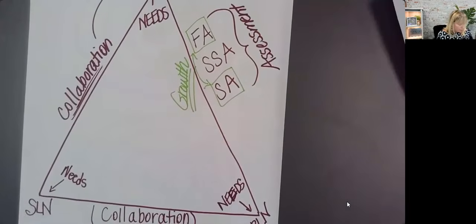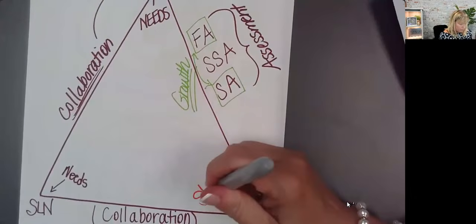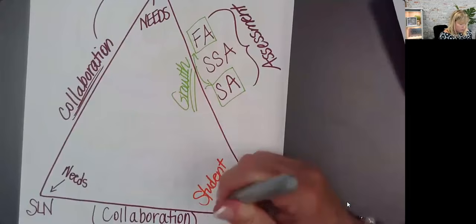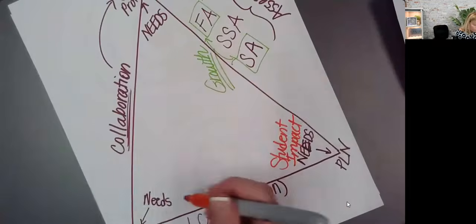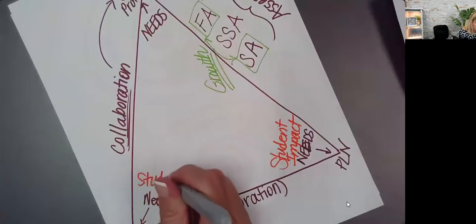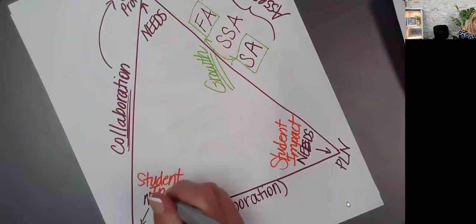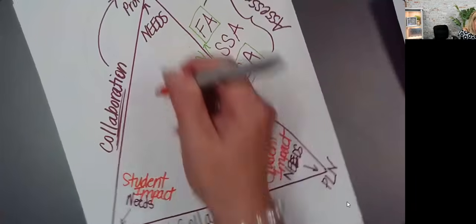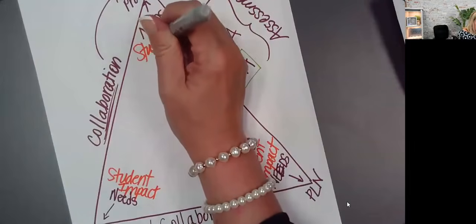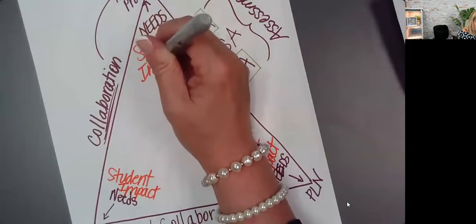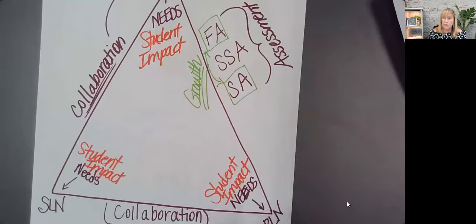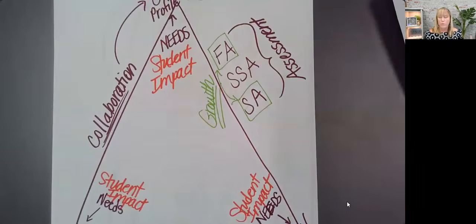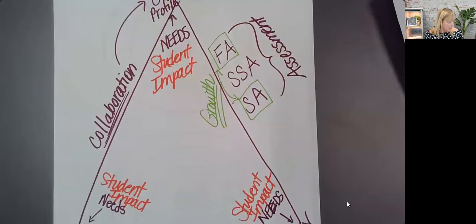Here's your triangle. Let's put in the ultimate goal here, student impact on all three sides of this triangle. Student impact and student impact here. So it really could be right in the middle of the triangle. And so you show it to us through the menagerie of evidence that you put together.